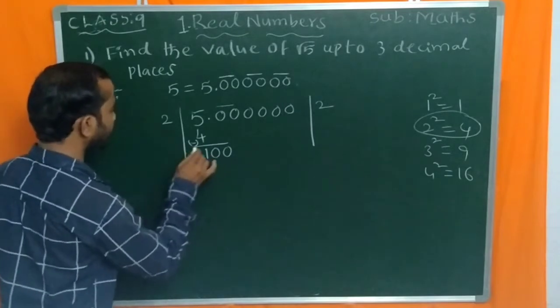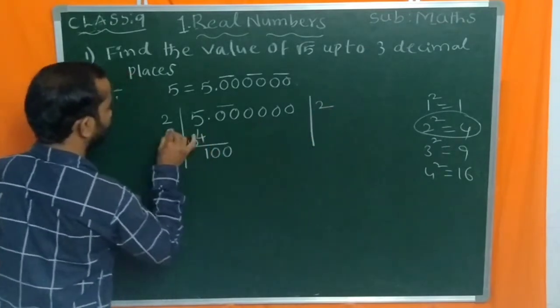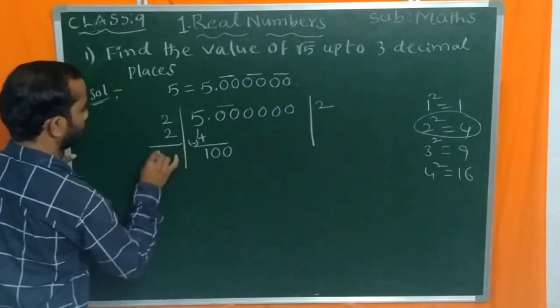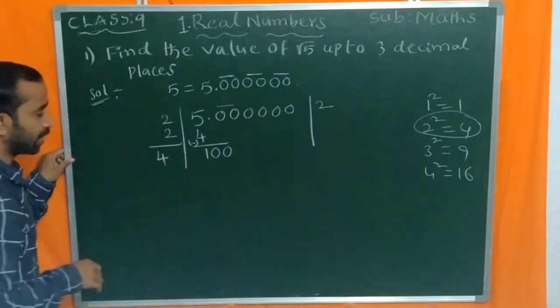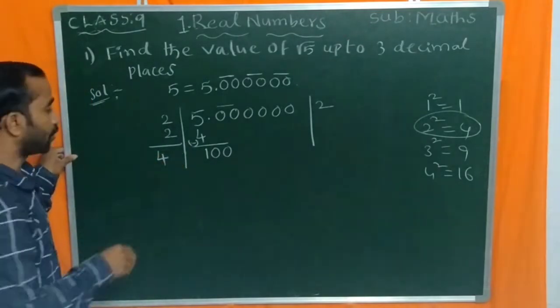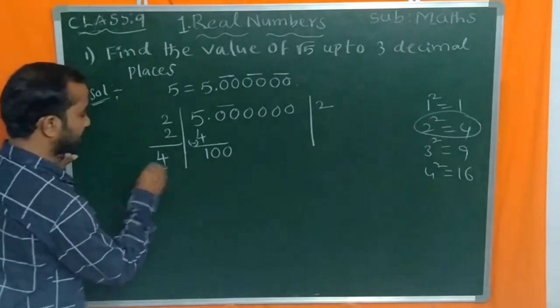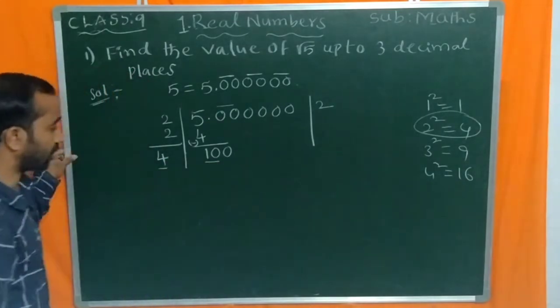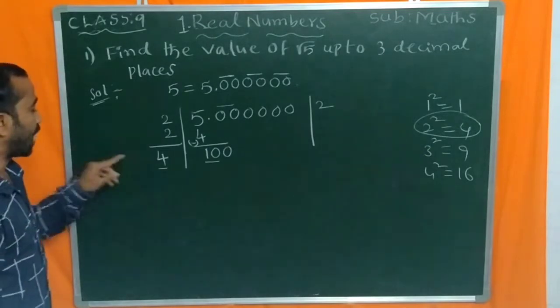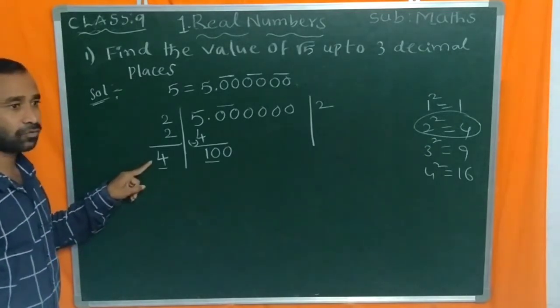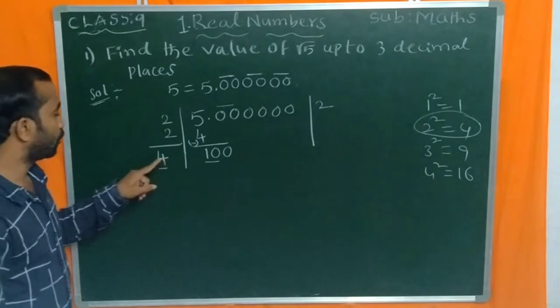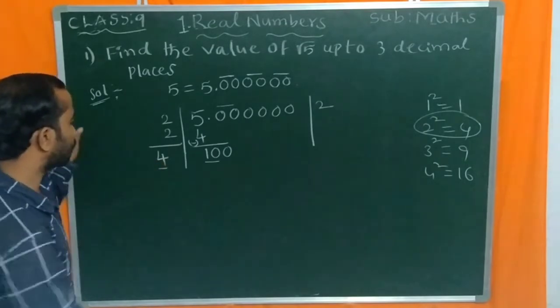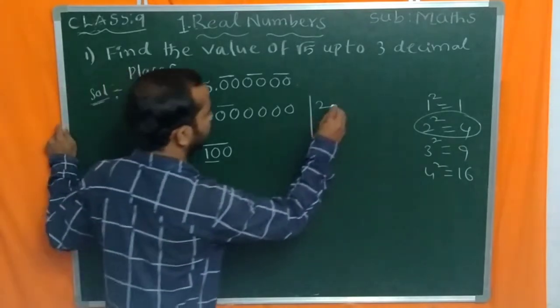So next we add the quotient: 2 plus 2 equals 4. Next we observe the first two digits of the divisor and the first two digits of the dividend, 10. So factors of 4: 4 1s are 4, 4 2s are 8, 4 3s are 12. So the nearest factor is 8.